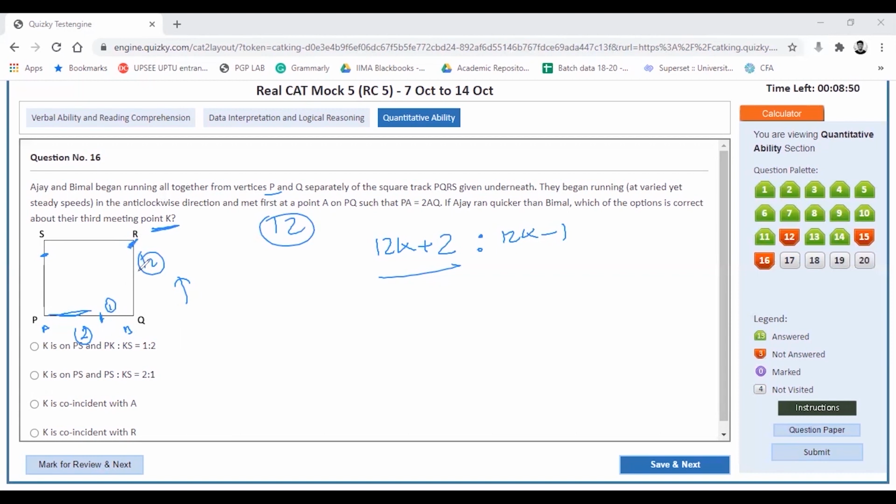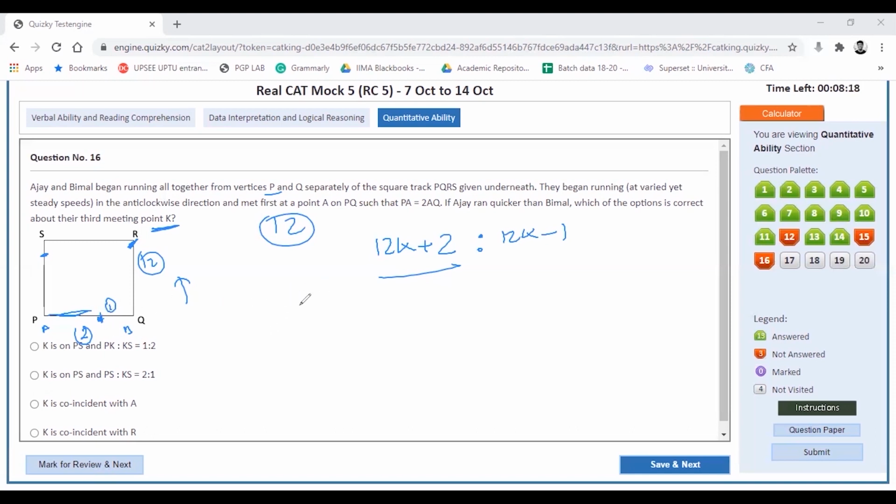So we could rather think, if they travel this way, whether the second meeting point would be this or this. Let us say they again start moving from this point, and when would they actually have met once again? When they have covered a distance of one round, right?